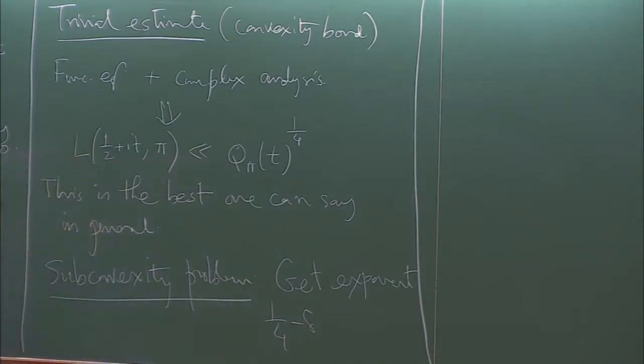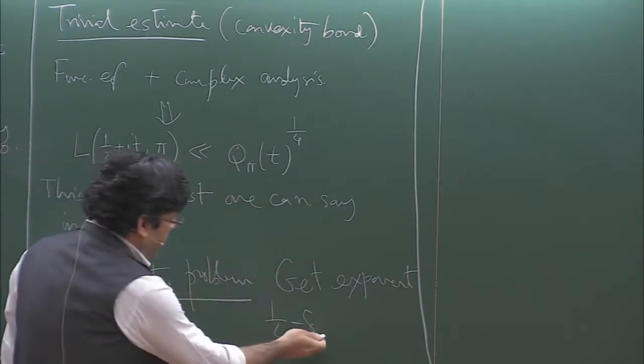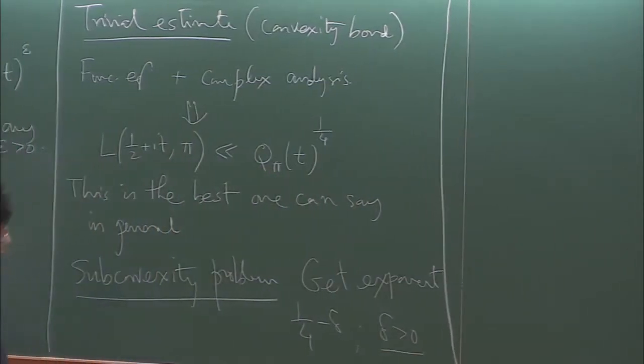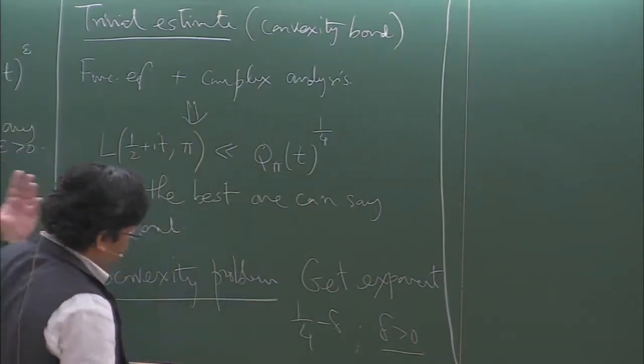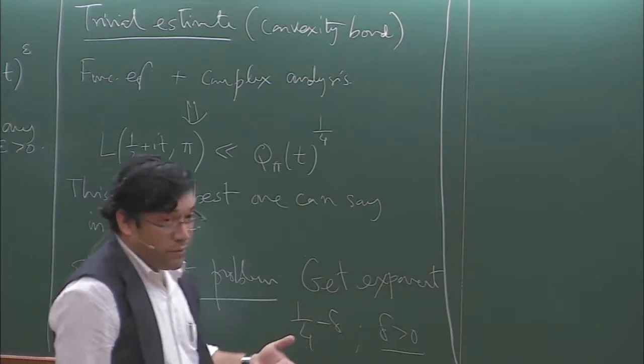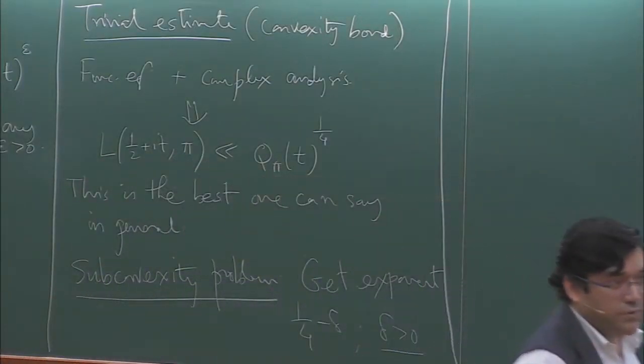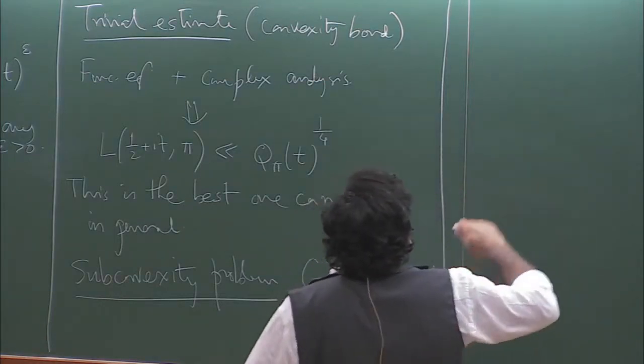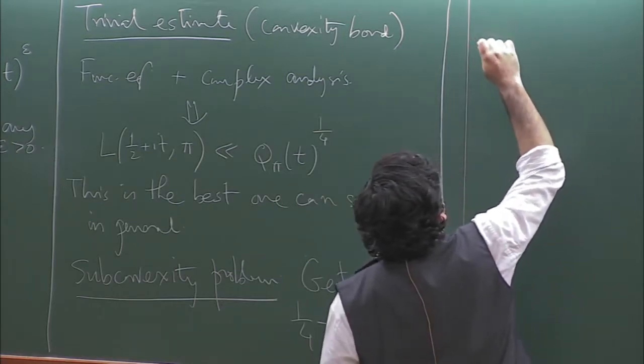In most applications, it doesn't matter what delta you get, as long as delta is positive, you're fine. But if you have the Lindelof hypothesis in mind, then you really want to get delta as big as possible, and one day you should aim at getting 1/4. So what do we know so far? The first subconvex bound.